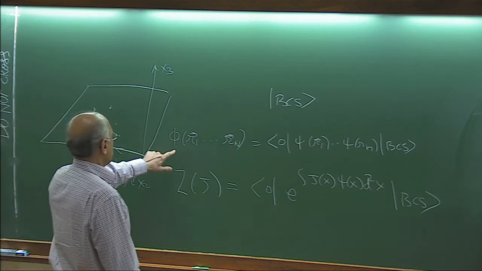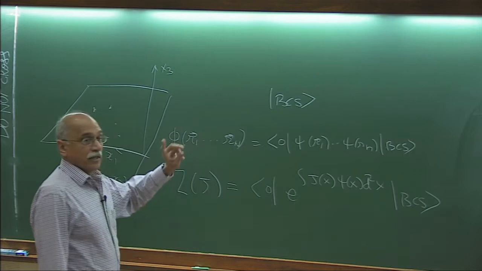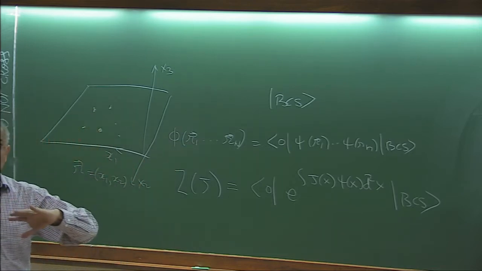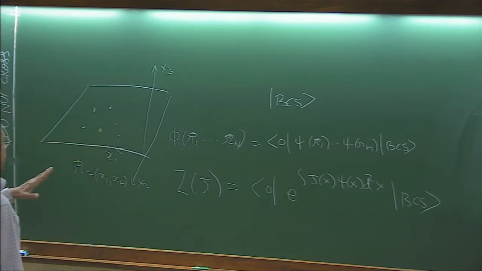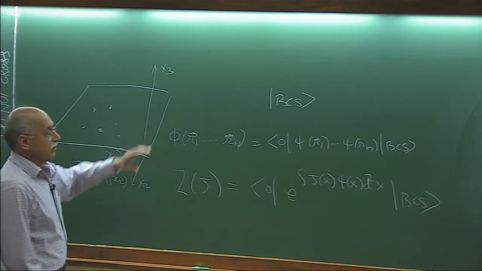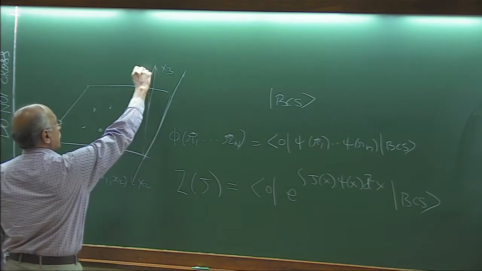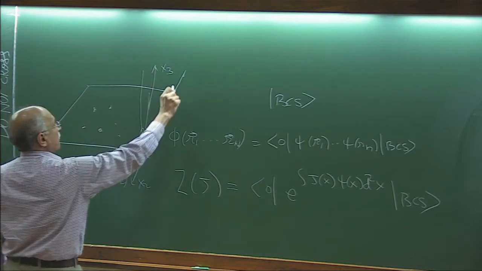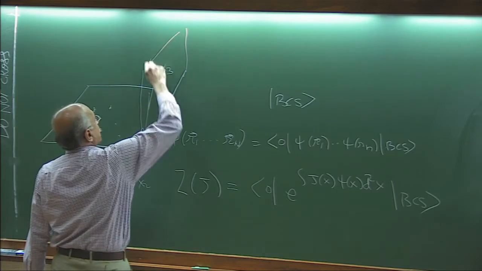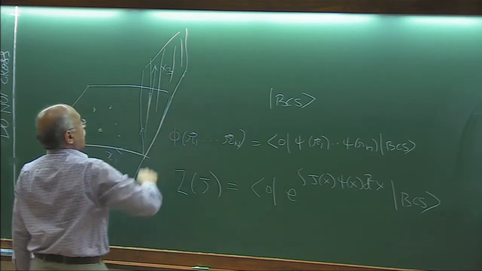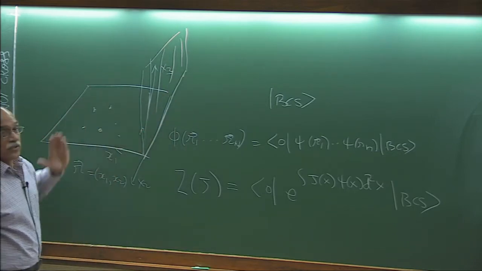This wave function is equal to something else, which I will tell you. Something else is the following. If you go to the edge of a p plus ip superconductor, suppose this is the edge, then along the edge there's a Majorana fermion, and there's a space-time of the Majorana fermion rising out of this side.